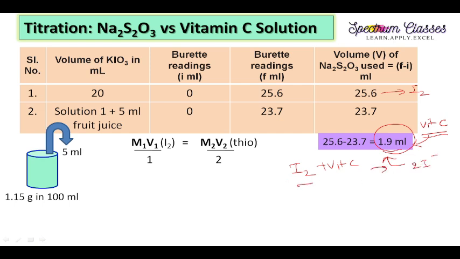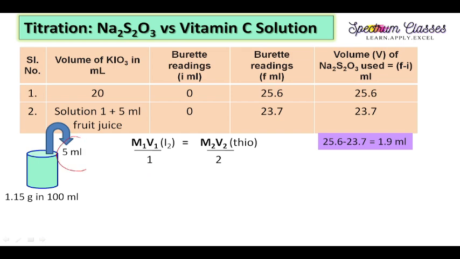And since 1 iodine reacts with sodium thiosulfate, S2O3, to produce 2I minus, there is a 1:1 relation. So if we calculate the amount of iodine that reacts with the sodium thiosulfate, we can directly equate it with the vitamin C. I hope you understand.